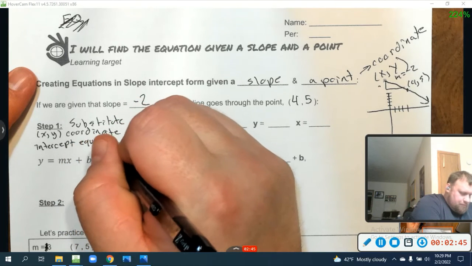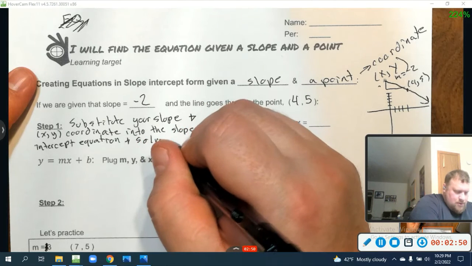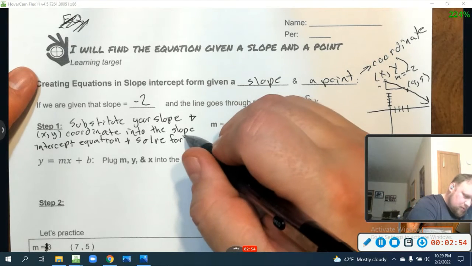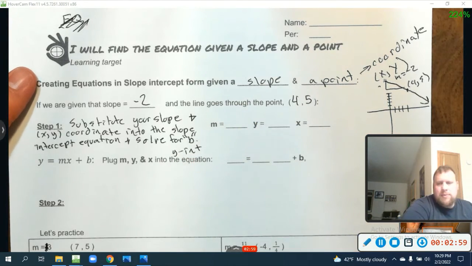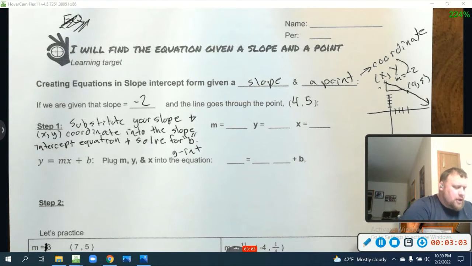If you need to, pause this. What is b? That's our y-intercept. And y equals mx plus b. So take a minute, pause this if you need to. Just yell out for the teacher to pause it. They will. And then we're going to move on.